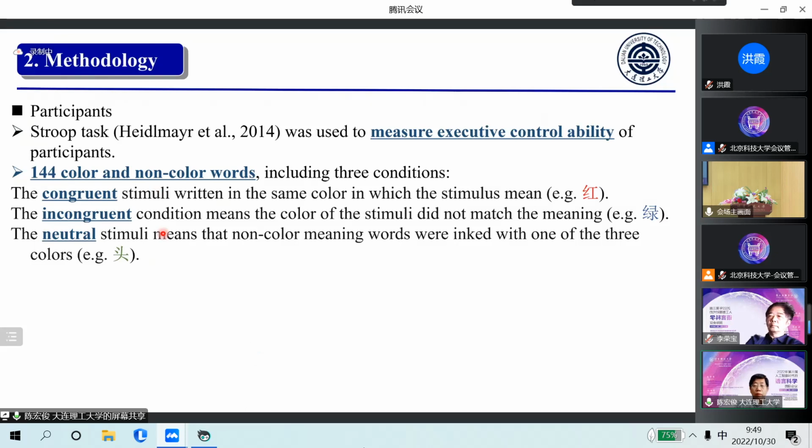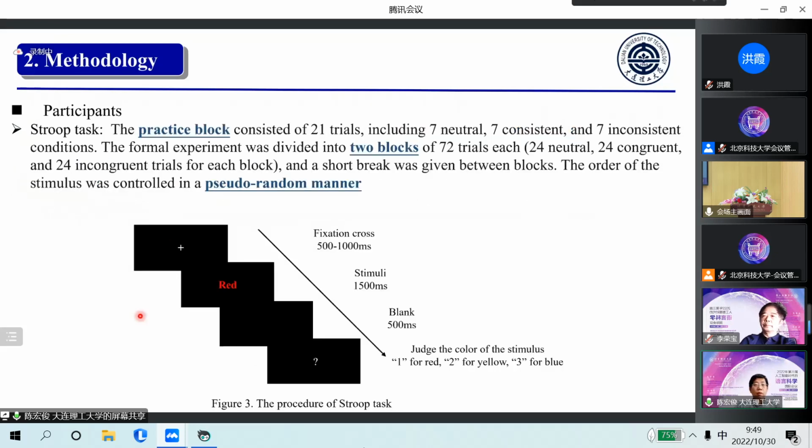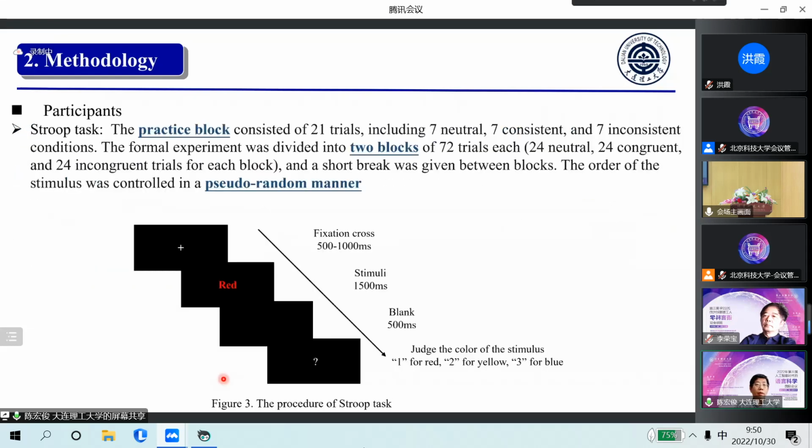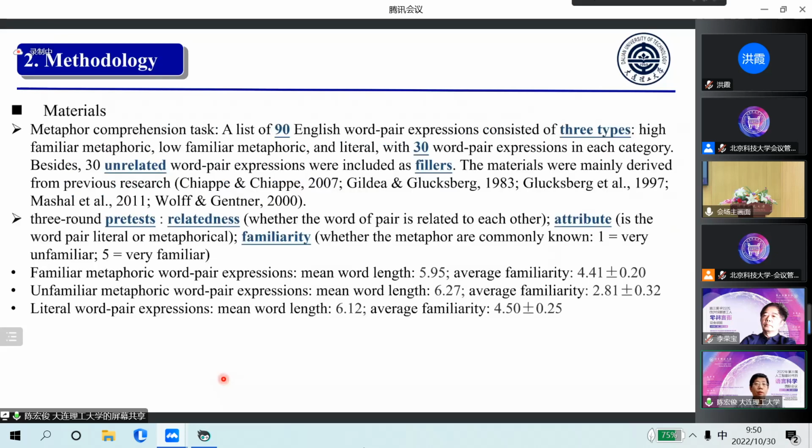The Stroop task procedure is like this. We just adapted the Hadameyer paradigm to do this Stroop task. And then the materials, we just derive these materials from the previous study, and we also test them with three factors controlled, like relatedness and attributes or familiarity, especially familiarity.